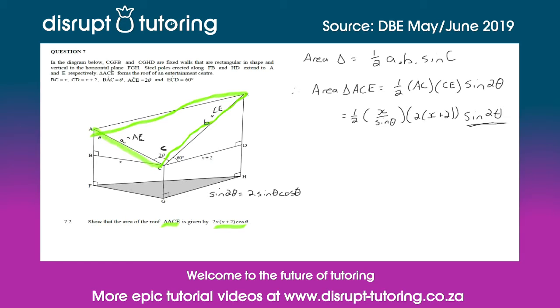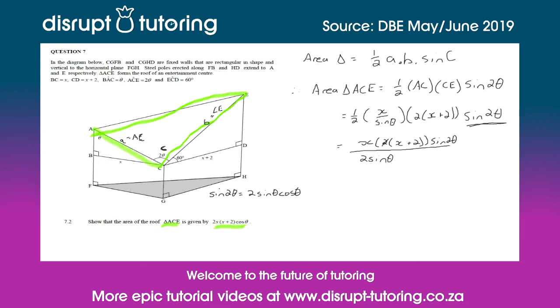So we're going to use that formula now, but first we're going to write it out. Remember, it's going to be x all over, so the denominator is going to be 2 sine theta. It's going to be x times 2 times x plus 2, and then the sine of 2 theta.